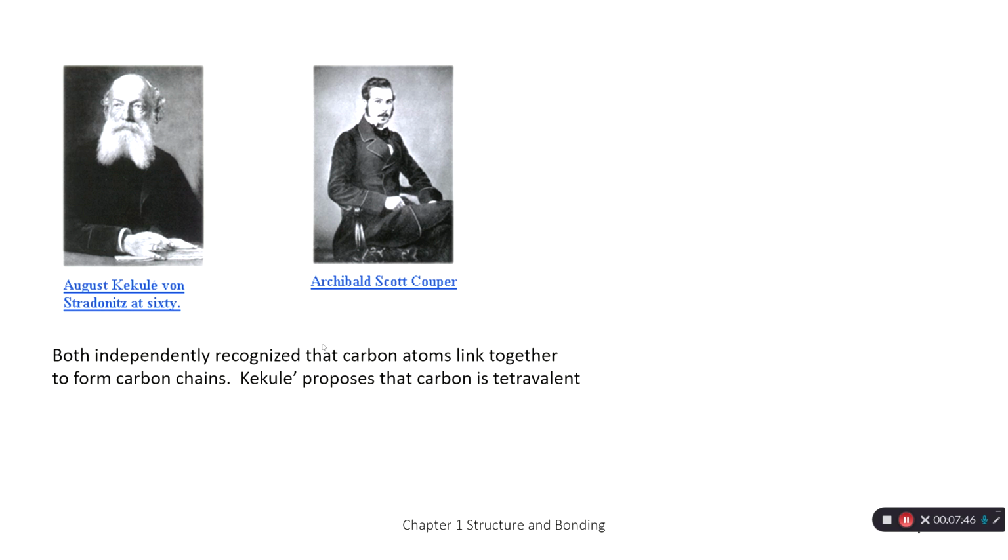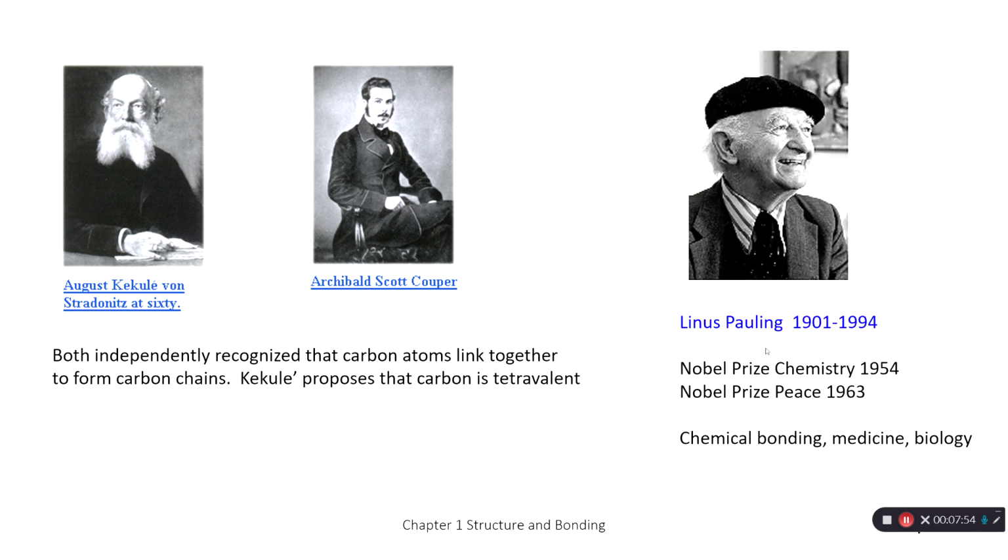Archibald Cooper was also involved in that recognition of carbon atoms linking to form carbon chains. Another scientist that I want to highlight here is Linus Pauling. In fact, Linus Pauling is a real stalwart in chemistry. He won actually 2 Nobel Prizes, one in chemistry and one in peace for the anti-nuclear proliferation work that he did.